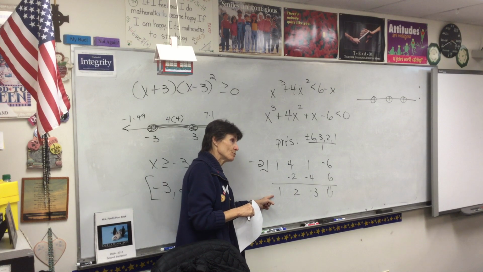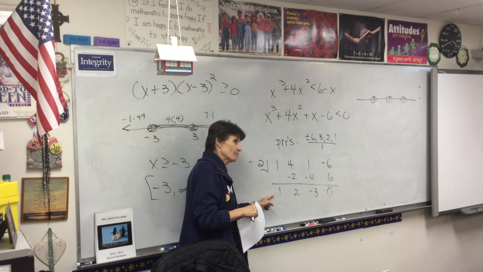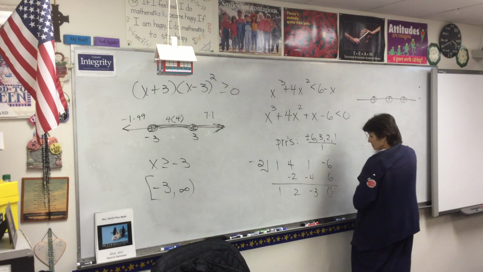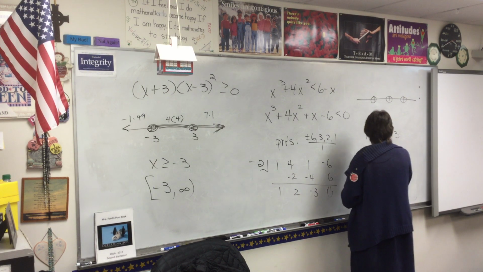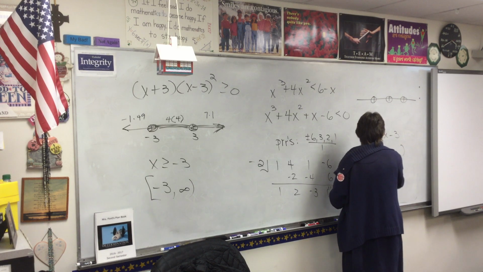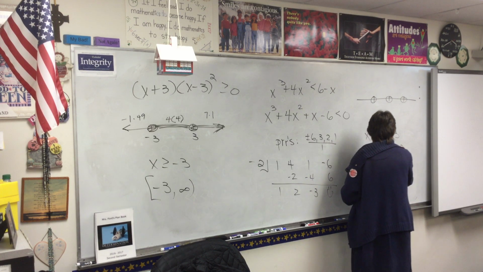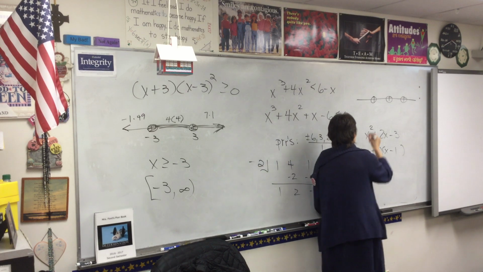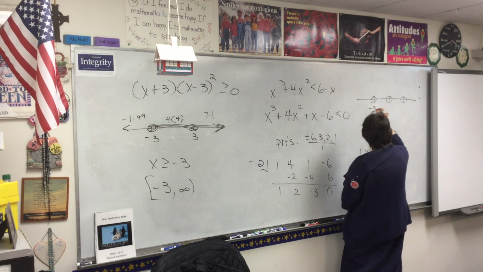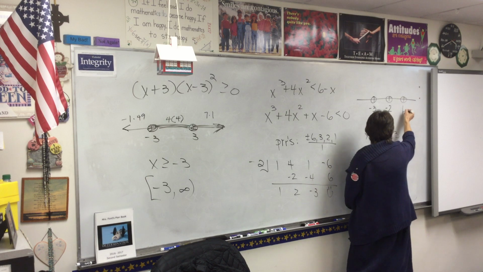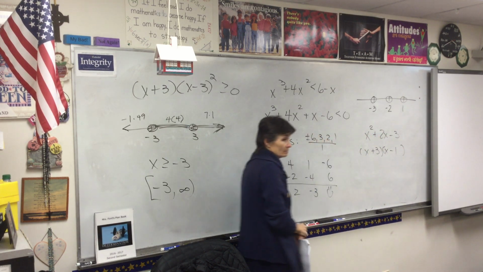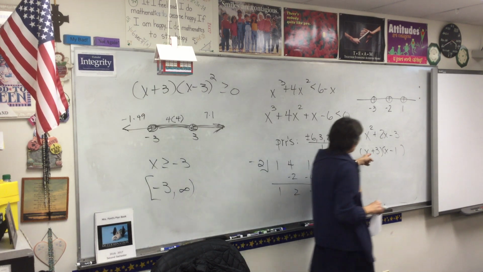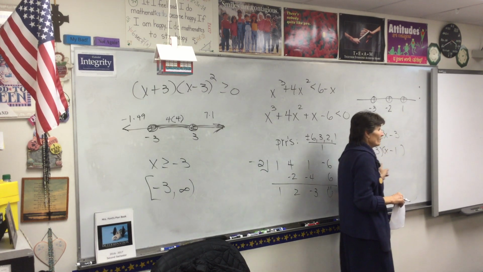Now, where are the other 2 dots going to come from? x squared plus 2x minus 3. So I'm going to have a dot at negative 3, negative 2, and 1. Negative 2 was the number I guessed. Negative 3 and 1 came from there.